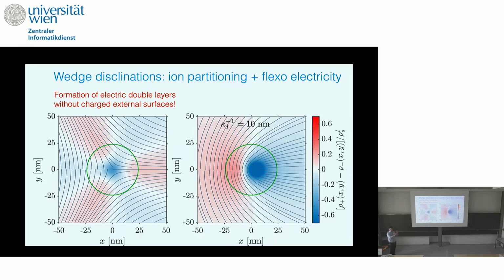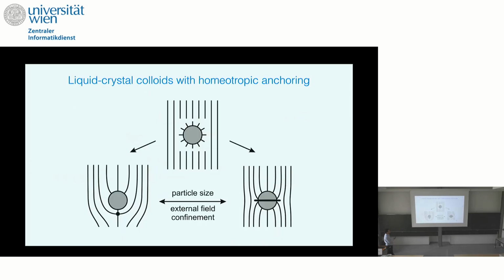But here, okay, you need a surface to stabilize a defect, that's true, but the charging happens mostly in the bulk of the liquid crystal, and that's why I think it's an interesting effect. How much time do I have? 4 minutes, okay.